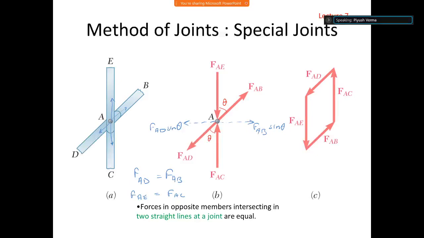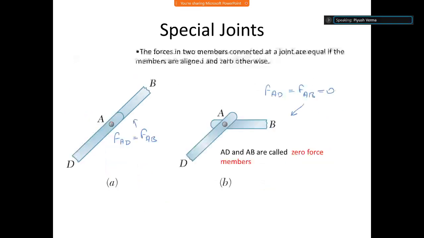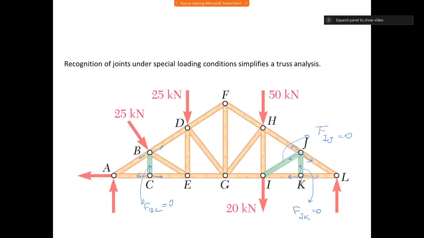What we are discussing in this class is valid if the four members are in a straight line, so two are in one straight line and the other two are in another straight line. Okay, yes, sir. I am asking whether EAC, sir, in this slide, does it have to be a continuous member?